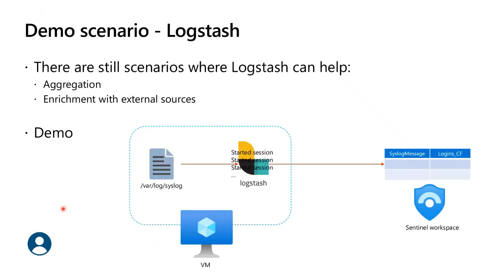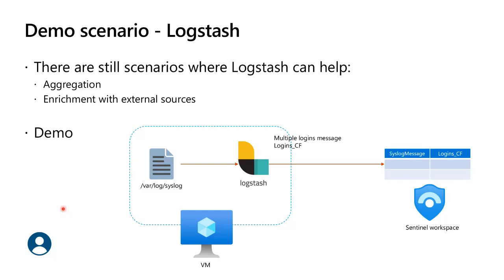We're going to specifically use the aggregate function to look at all these started session records and aggregate them. We're going to look at a 15-second interval, capturing all those messages during those 15 seconds. Instead of pushing all that repetitive data into Sentinel, which doesn't add any value, we're just going to have a single message saying multiple logins message detected.